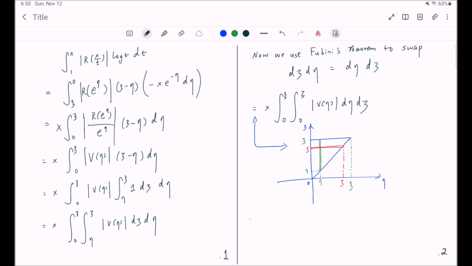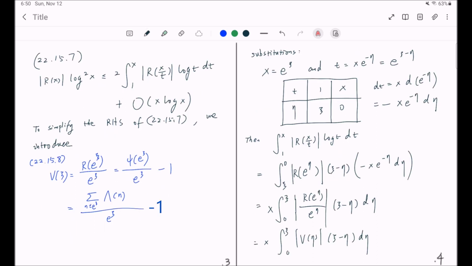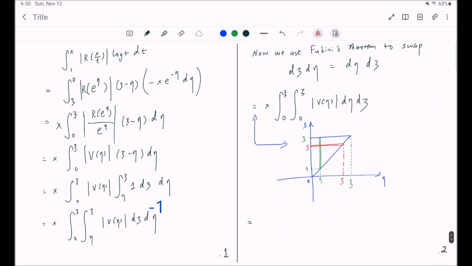Now let's continue. Remember, this x, by our substitution, is actually e to the psi. So we write it back. With this, we finish the change of variable for this integration.